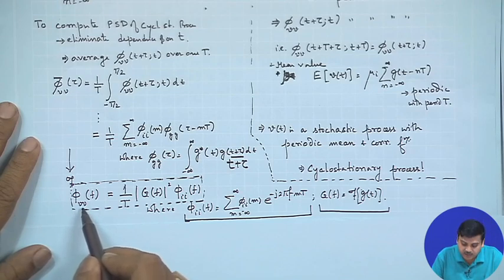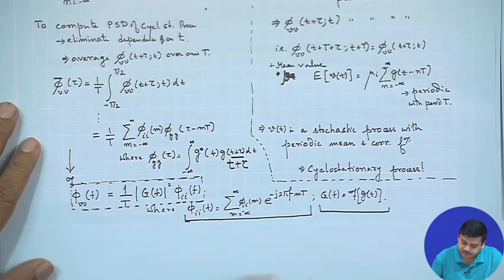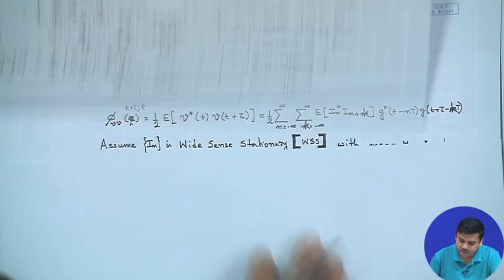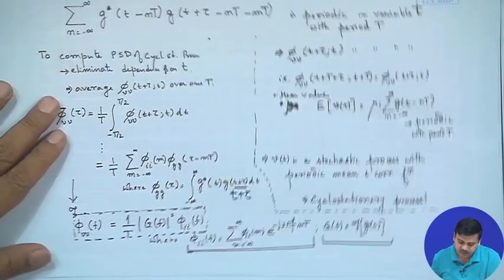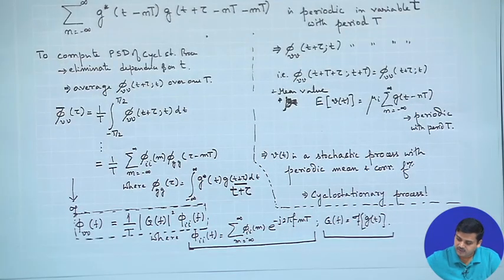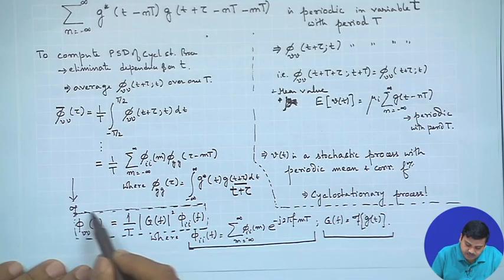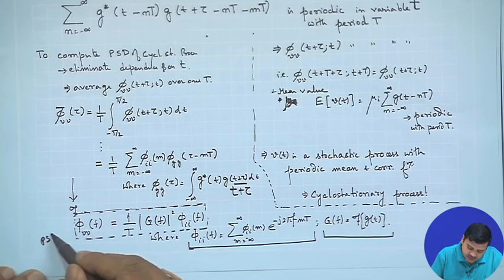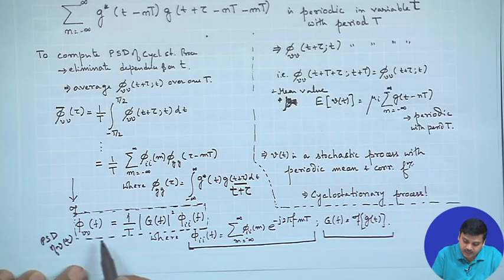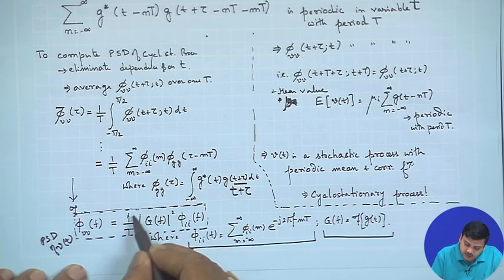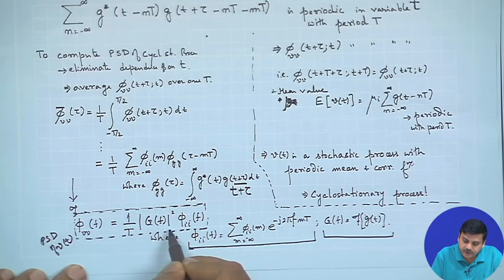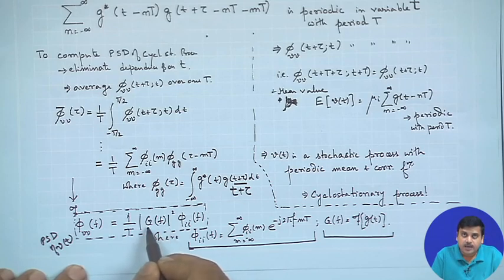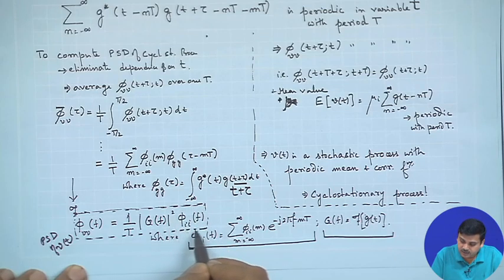Now, we call the signal a stochastic process because it is being modulated by the information bearing signal. What we get from this particular expression is something very important to note: the power spectral density of V of t is dependent on the frequency characteristics of the pulse shape and the frequency characteristics of the information bearing signal, right.